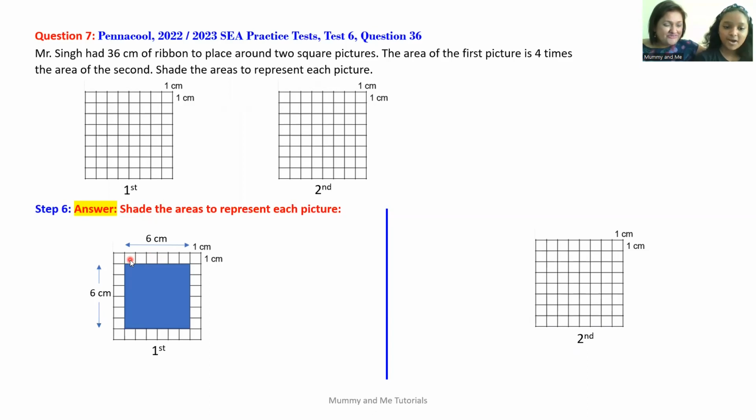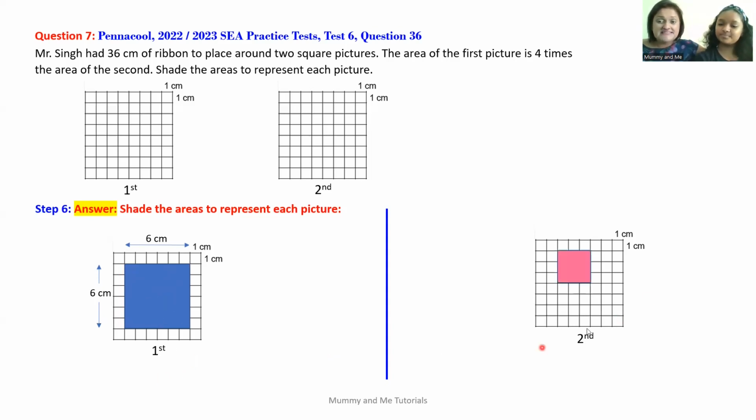So we have 1, 2, 3, 4, 5, 6, and that represents 6 centimeters on this side. And on this side, we have 1, 2, 3, 4, 5, and 6. So that represents 6 centimeters. So this is our square. This is the area that we would have shaded in the first picture.